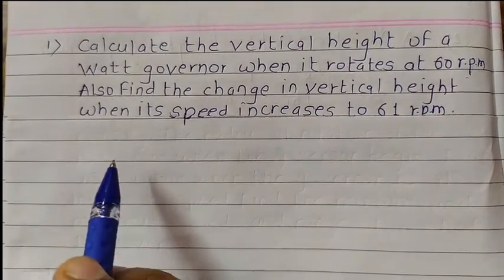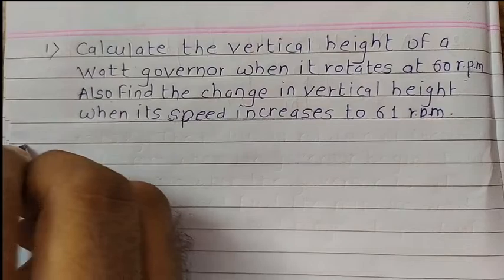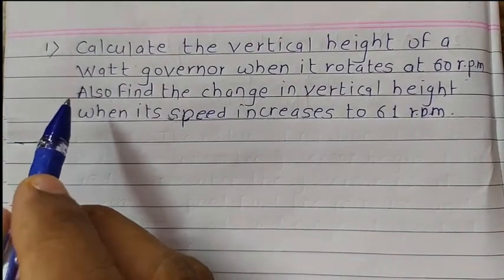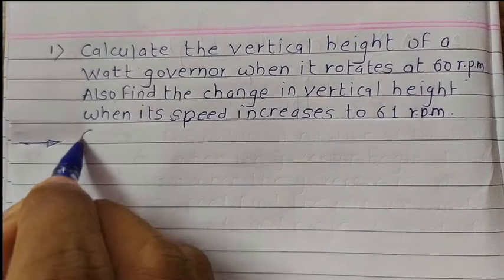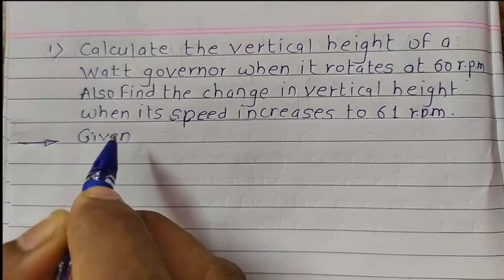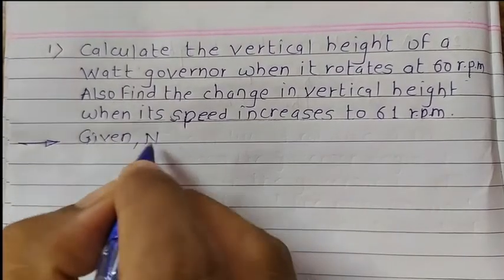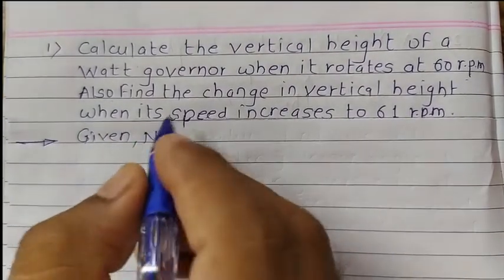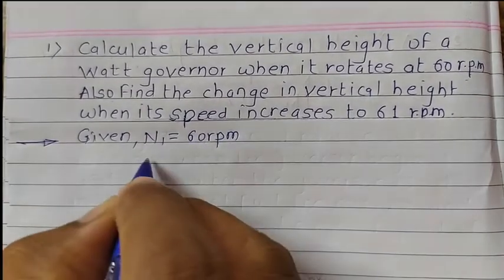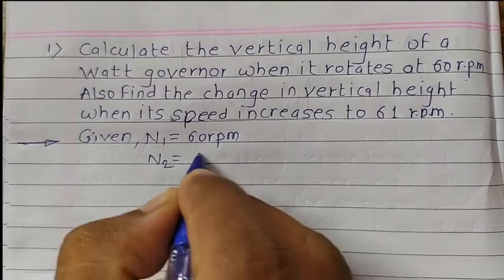So first of all, write down the given data. N1 is given as 60 rpm, N2 we have as 61 rpm.